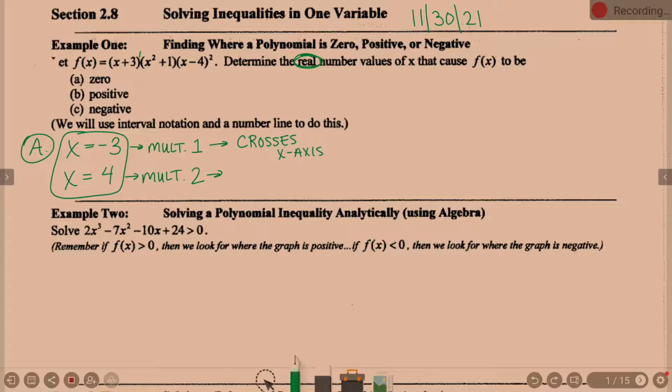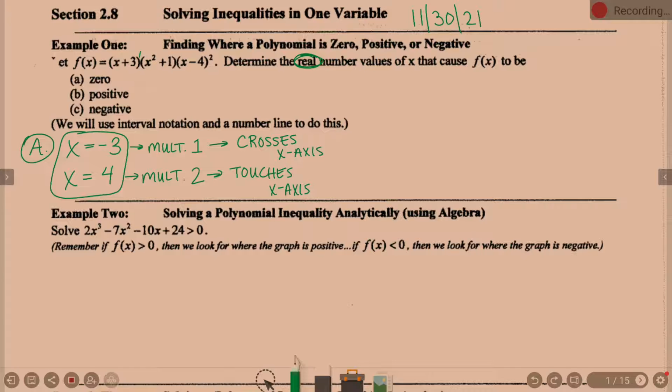So what does that mean at x equals 4 when we have a multiplicity of 2? It's going to just touch the x-axis, and it touches because the multiplicity is even. This is old news, right? Sounds familiar? Technically, it was on the last quiz. Not everyone quite had comprehended it yet, but it was there, I promise.